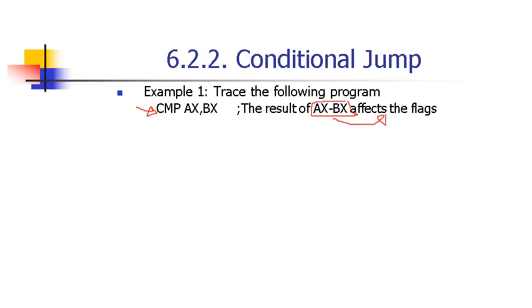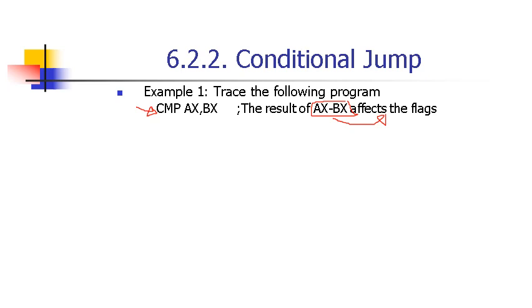Which means what? Which means this. If your BX was larger than AX, it means to perform this subtraction, you will definitely need a borrow. So what the compare instruction does is to set the carry flag bit. When the carry flag bit is set, it means a borrow was needed, which means your BX is greater than AX.